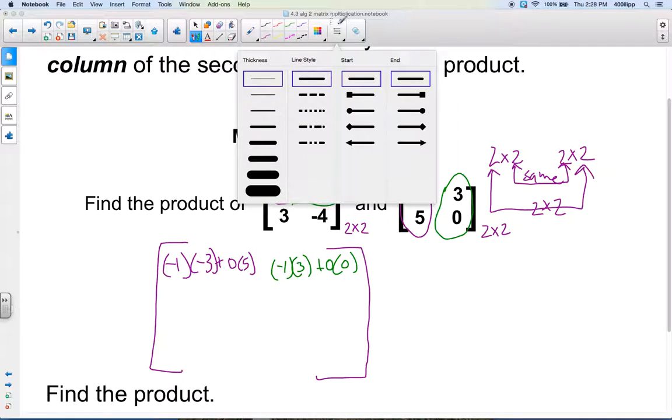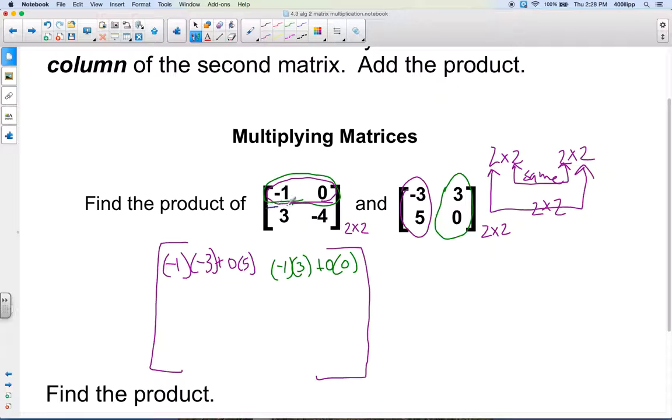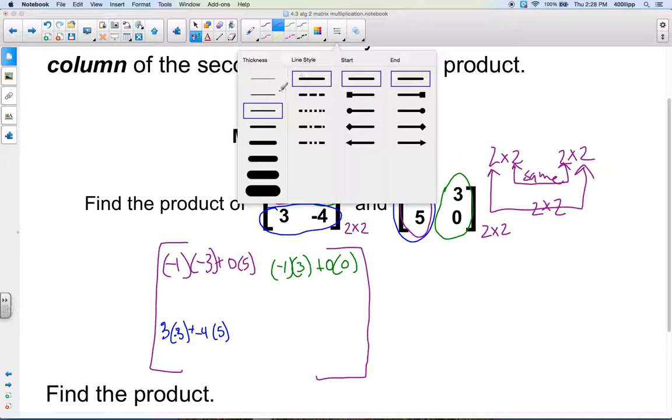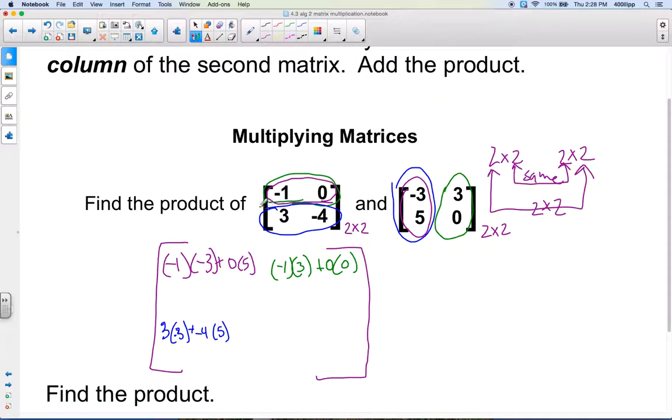Then we move on to the second row. First column, 3 times -3 plus -4 times 5. And then finally here, we're going to use the second row.